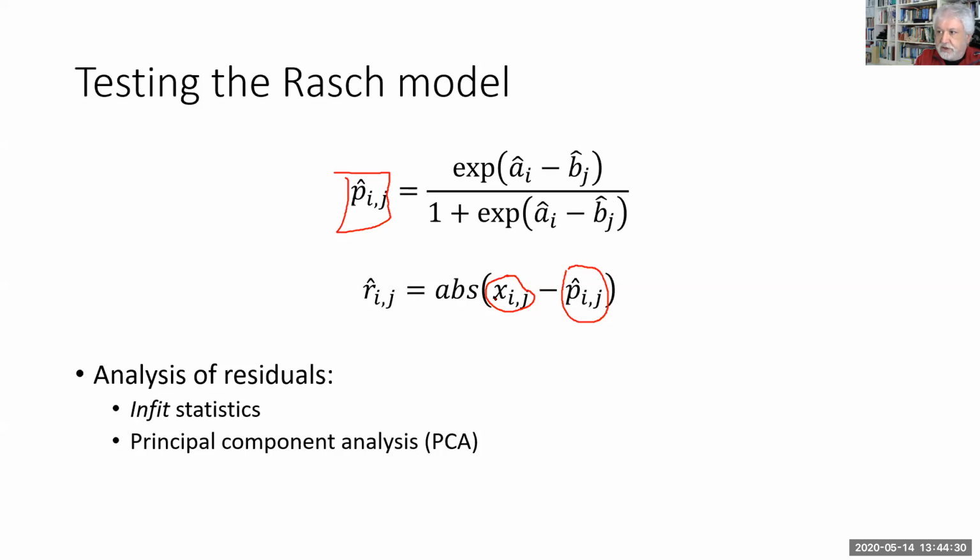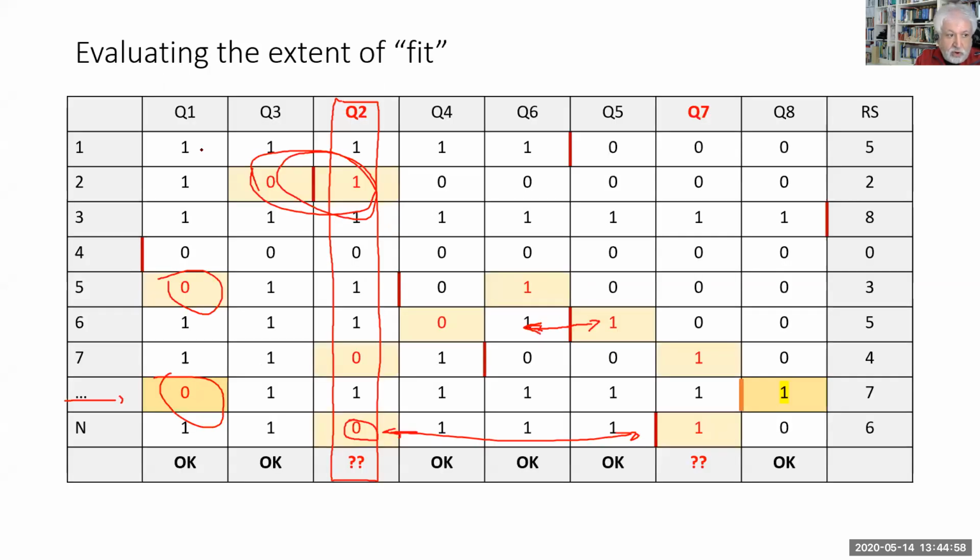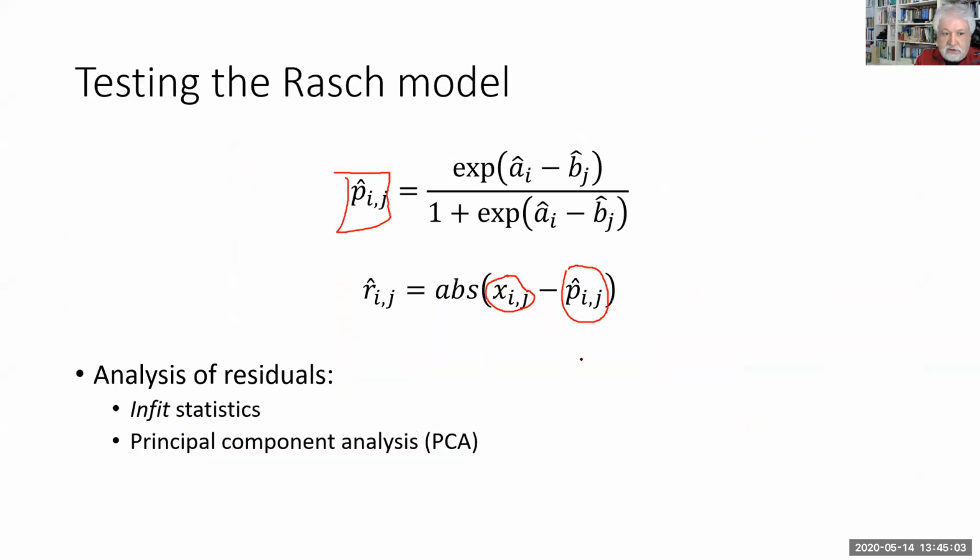So x_ij is equal to 1. And my model predicts a very high probability of saying yes. So p_ij is very close to 1. Then the error, the residual, the discrepancy is very small. So for all black cells, this will be very small.